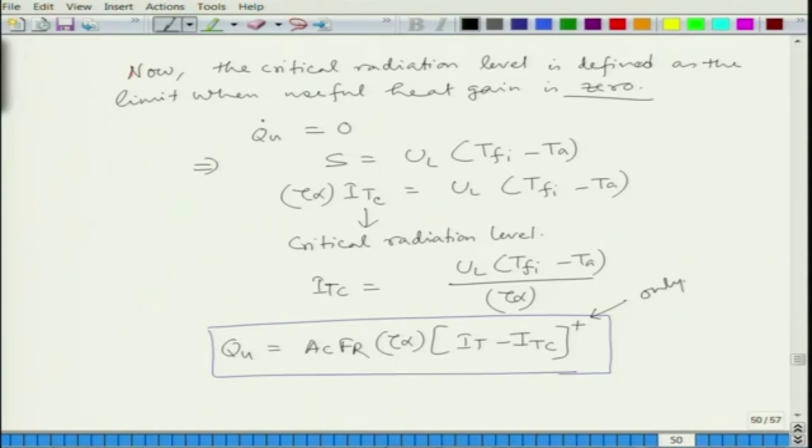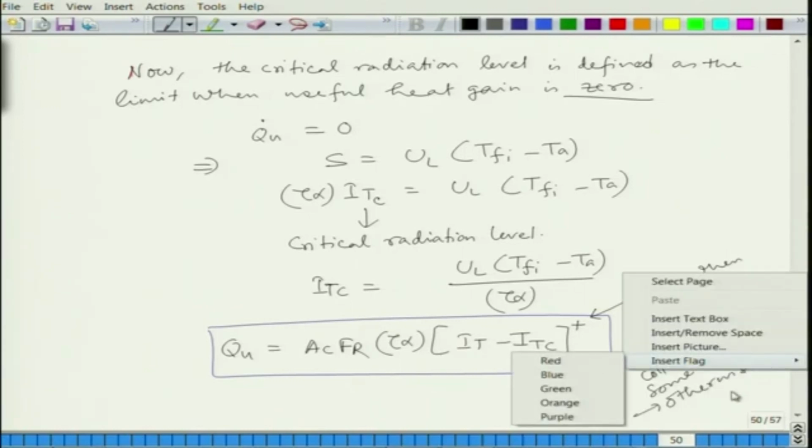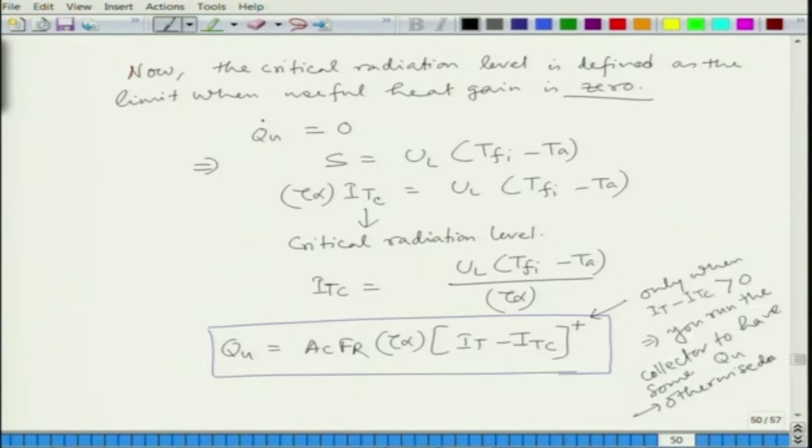That only when this IT minus ITC is greater than 0, you run the collector to have some QU, otherwise do not run the collector, it will be loss for you.